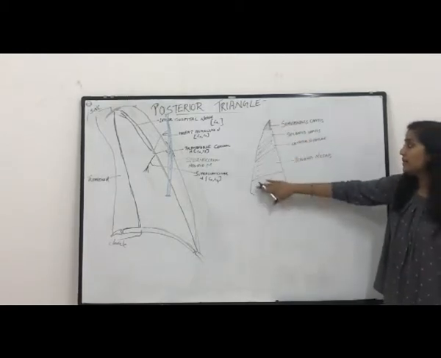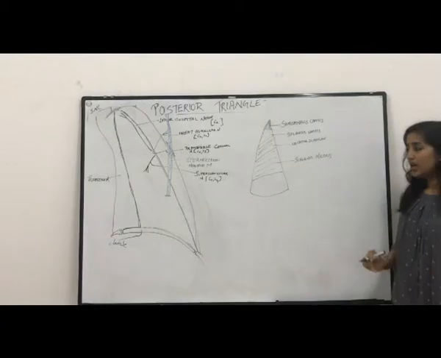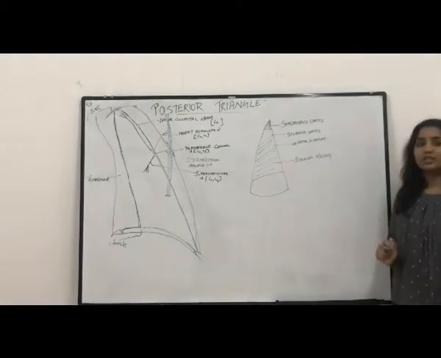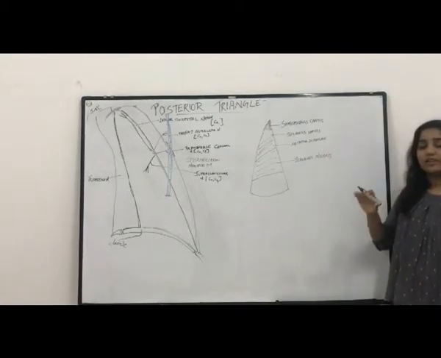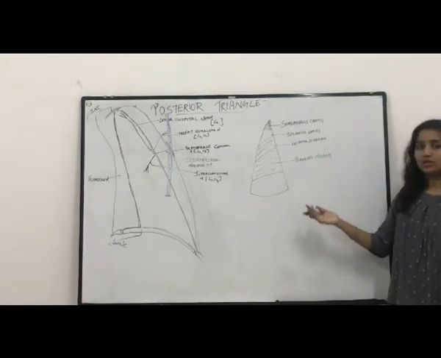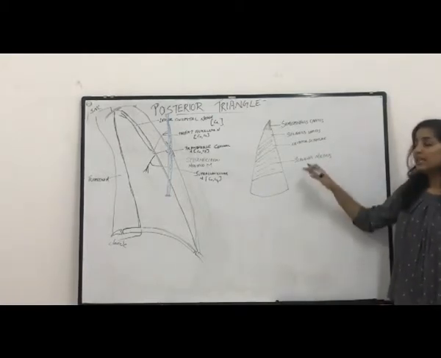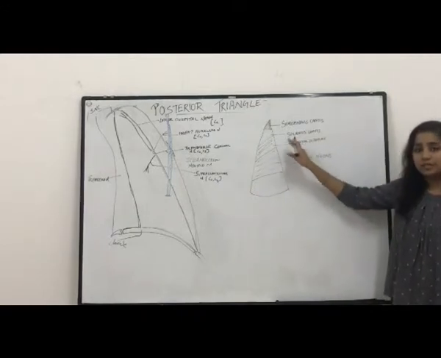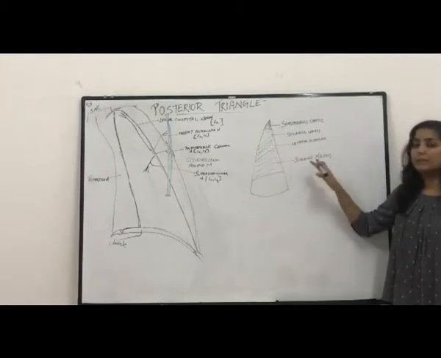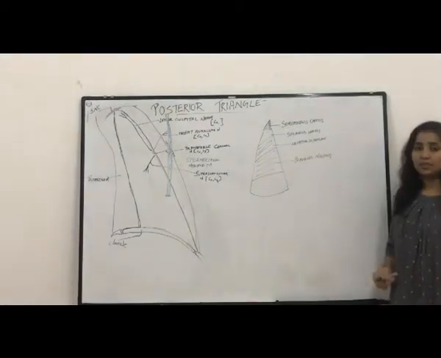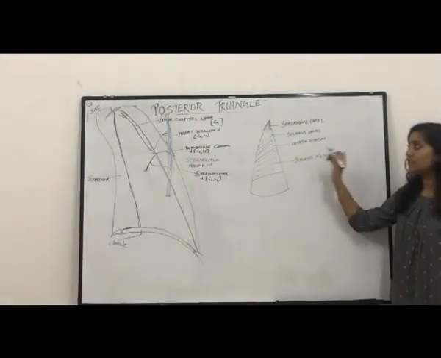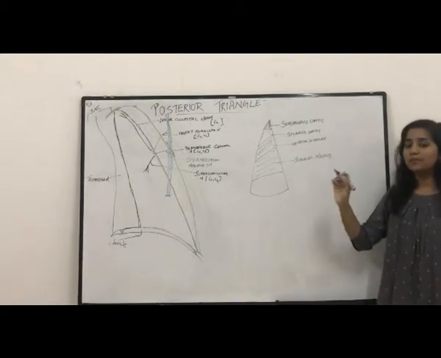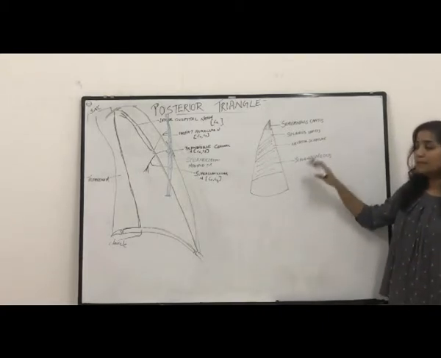It covers the muscular floor. And this fascial carpet is important because all the very important structures that we come across later on in the posterior triangle lie deep to the fascial carpet. So basically it serves as a protective layer for the very important structures present in the posterior triangle.